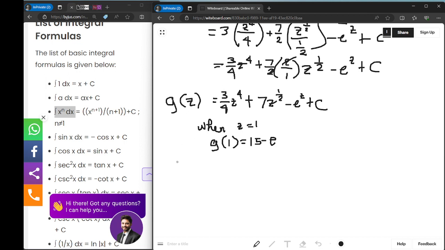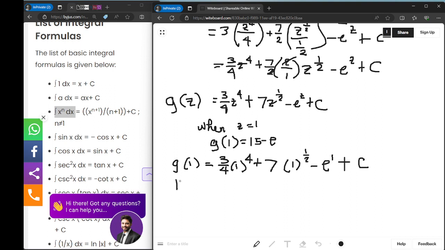Let's have g of 1 is equal to 3 over 4 times 1 to the fourth, plus 7 times 1 to the 1 half, minus e to the 1 plus c.